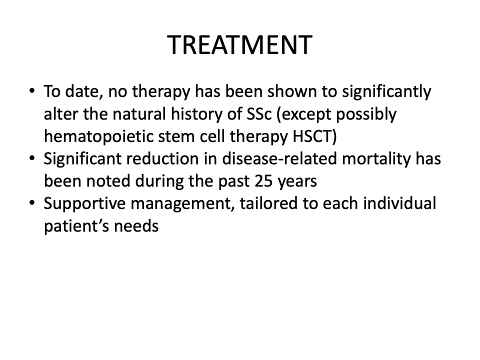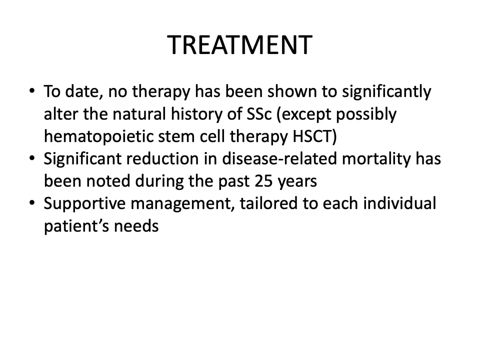For the treatment, to date, no therapy has been shown to significantly alter the natural history of scleroderma. But in contrast, multiple interventions are highly effective in alleviating the symptoms, slowing the progression of organ damage, and reducing disability. A significant reduction in disease-related mortality has been noted during the past 25 years.